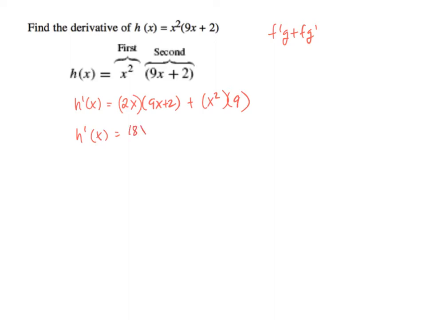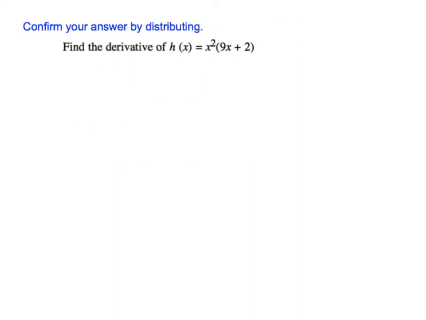So I have 18x squared plus 4x plus 9x squared, which would give me 27x squared plus 4x. Okay, so we already did this.